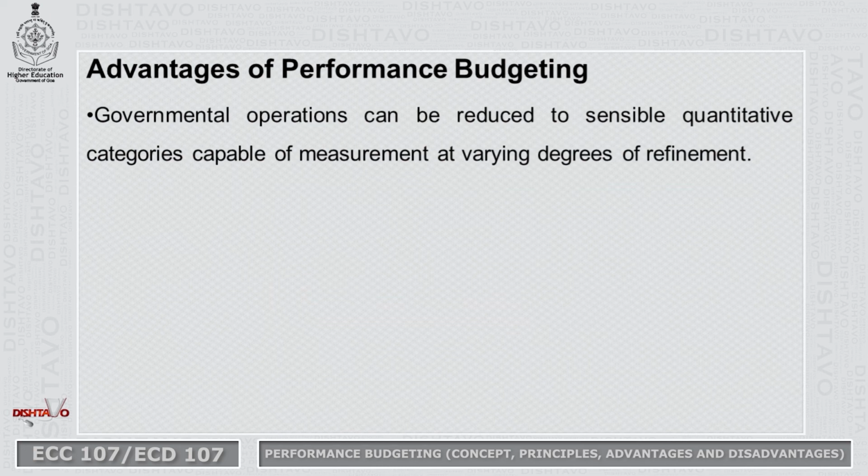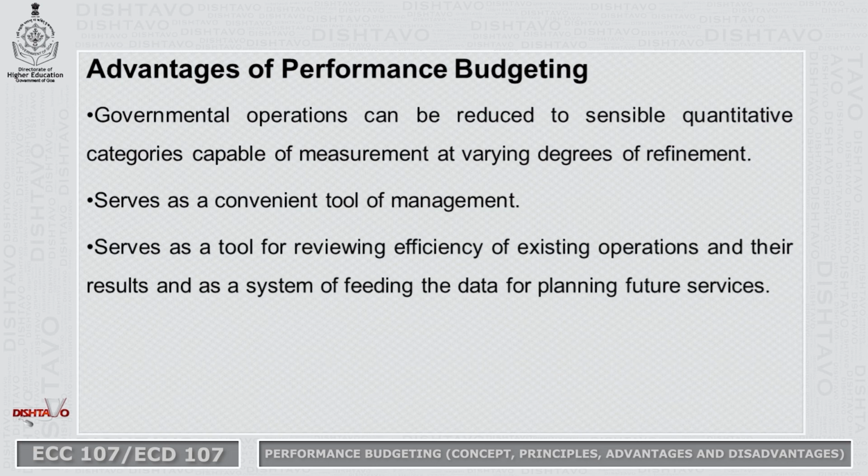A predominant segment of governmental operations can be reduced to sensible quantitative categories capable of measurement at varying degrees of refinement. Second advantage, it serves as a convenient tool for management. Third advantage, it serves as a convenient tool for reviewing efficiency of existing operations and their results, and as a system of feeding data for planning future services.